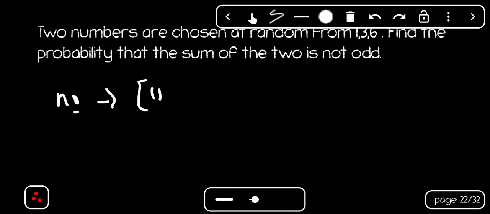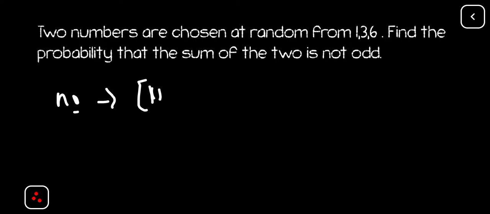From the question, only two numbers are chosen, but we do not know whether it is 1 and 3, 1 and 6, 3 and 6, 3 and 1, or 1 and 1. We do not know. We just want to get the probability that we take two numbers and the sum of those two numbers is odd.